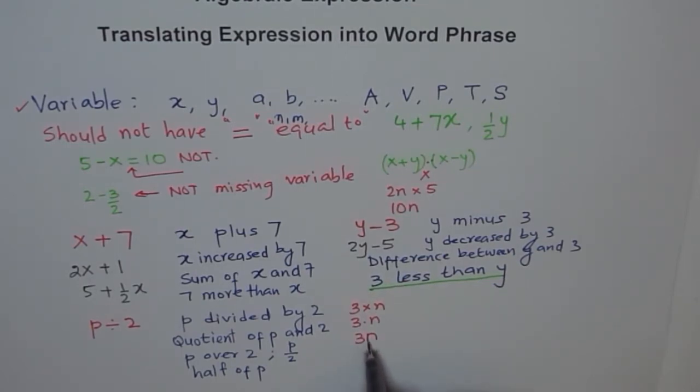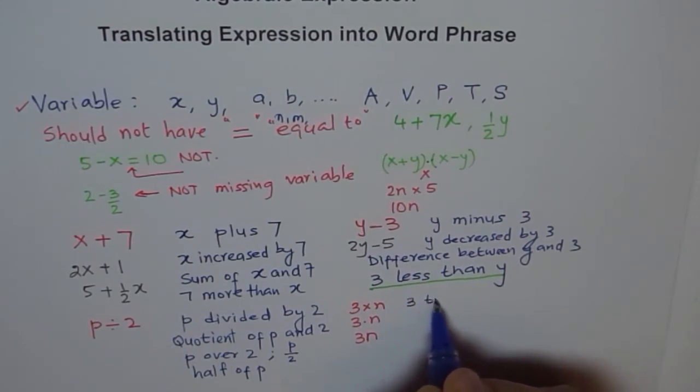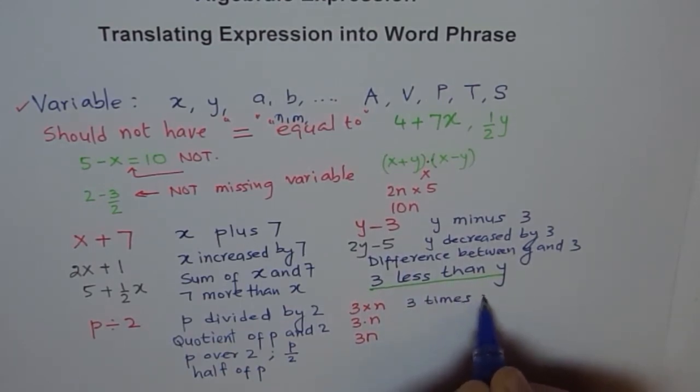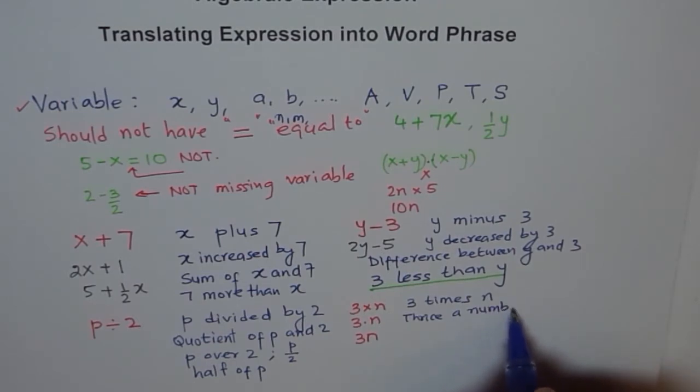When there is nothing in between, it means product. We are multiplying, right? All these 3 things mean the same thing, okay? Now, we can write them in words as 3 times n. We can say thrice a number. Is that okay? Thrice a number.